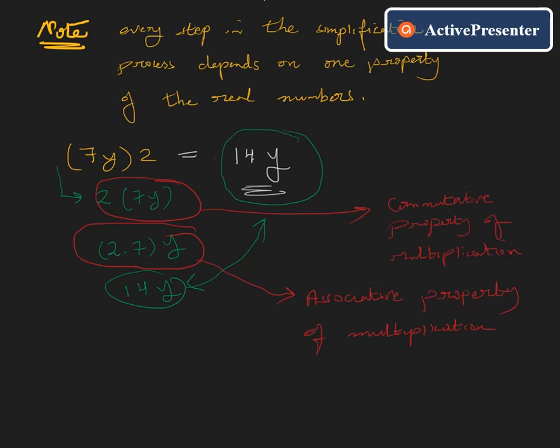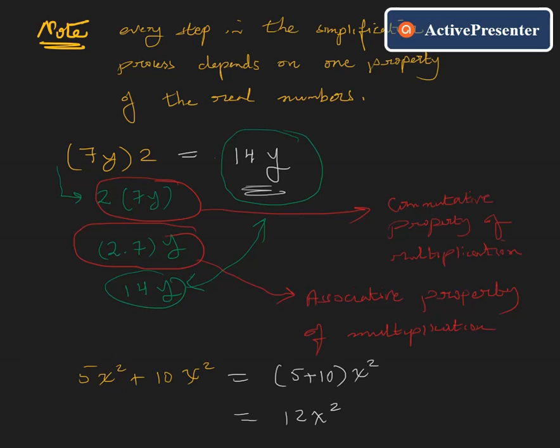Another example, if I tell you 5x square plus 10x square, this is equal to 5 plus 10 all multiplied in x square equals 15x square.